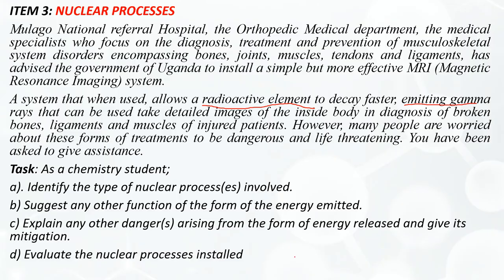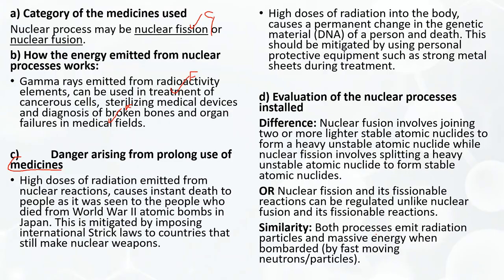Let's have a look at this. Part C. Explain any other danger arising from the form of energy released. So it is the form of energy that is released, not the medicine. So the danger and the energy which is released is the gamma rays.